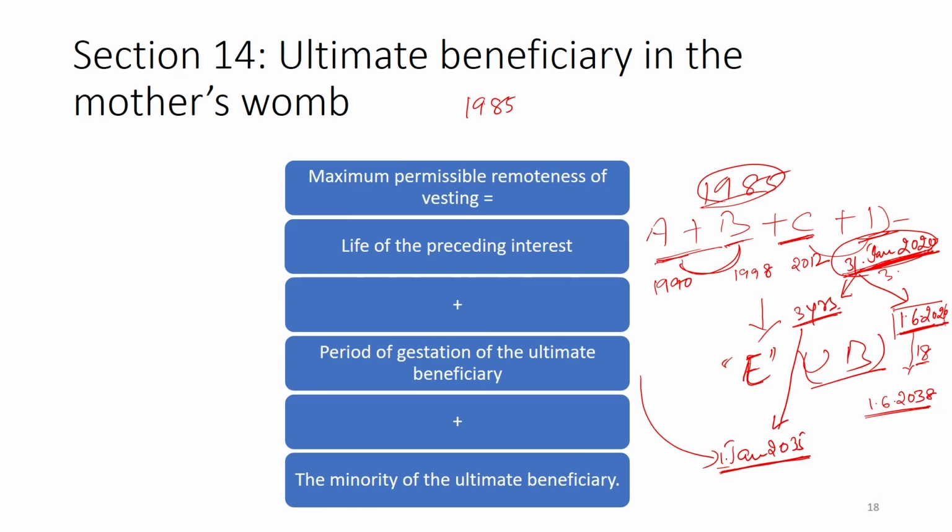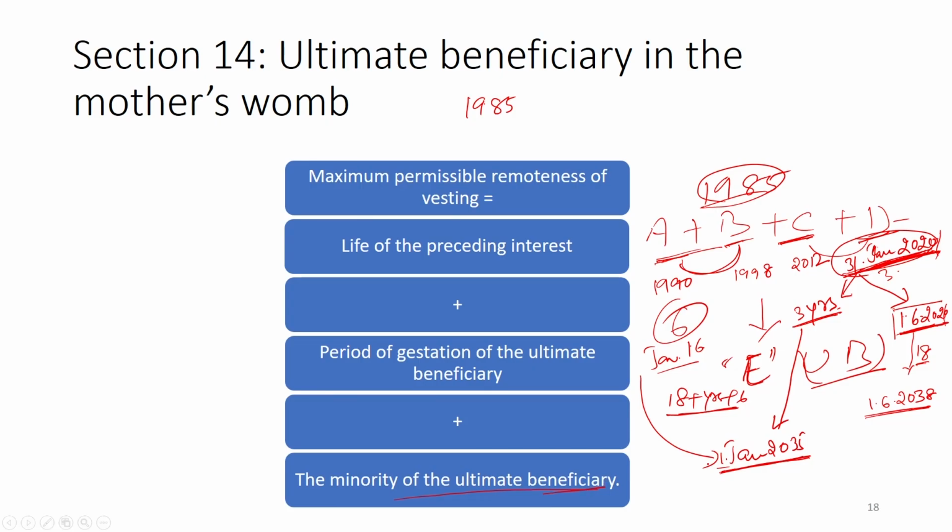That is the period of gestation of the ultimate beneficiary. So, what is the period of gestation? Death was in January 2020 and the period of gestation is 6 months, from January to 1st June. So, 18 years plus 6 months: the gestation period plus the minority of the ultimate beneficiary, 18 years.